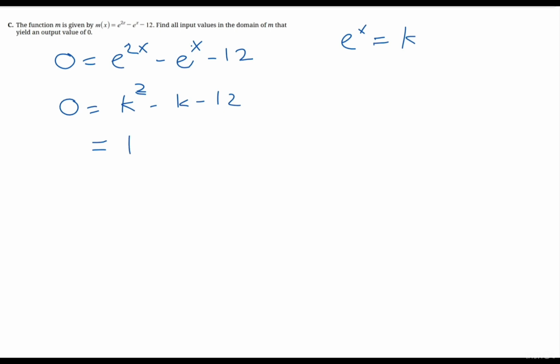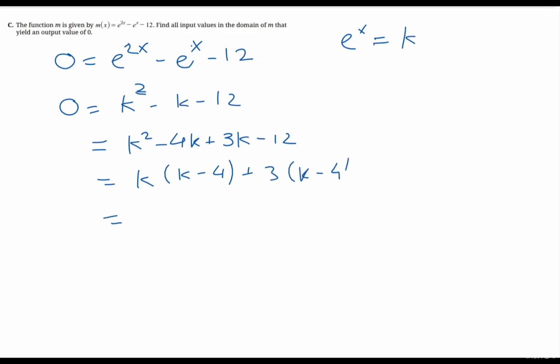So I have k squared minus 4k plus 3k minus 12, which gives me k times k minus 4 plus 3 times k minus 4, which means I'll now have k plus 3 times k minus 4, which means that my k could be 4 or negative 3.